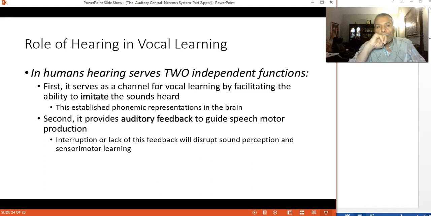And we go through a period of time, imitating and monitoring ourselves. See how you say it and then listen to yourself. Say it and listen. So through auditory feedback, you correct the imitations that you produce and fine-tune them gradually over time until your system becomes perfect and your language mimics that of the adults.